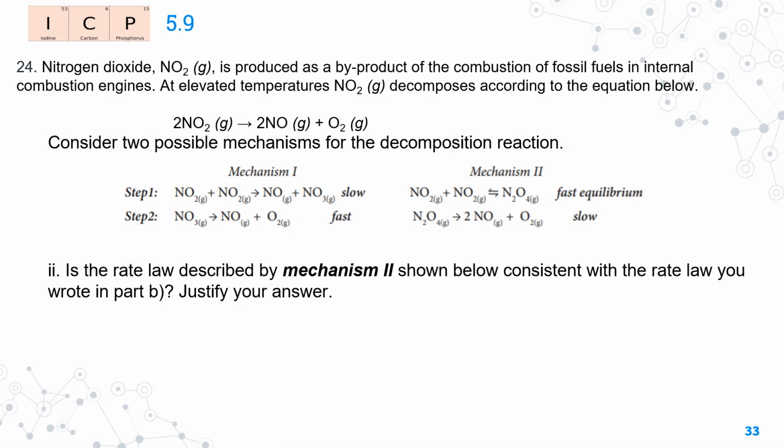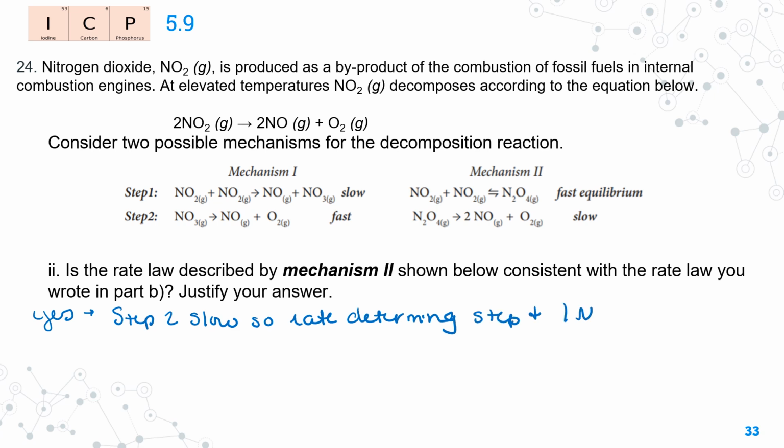And then part II says, is the rate law described in mechanism 2 consistent with the rate law you wrote in B? And the answer to that is yes. Step 2 is slow, so it is the rate determining step, and one nitrogen dioxide is involved.